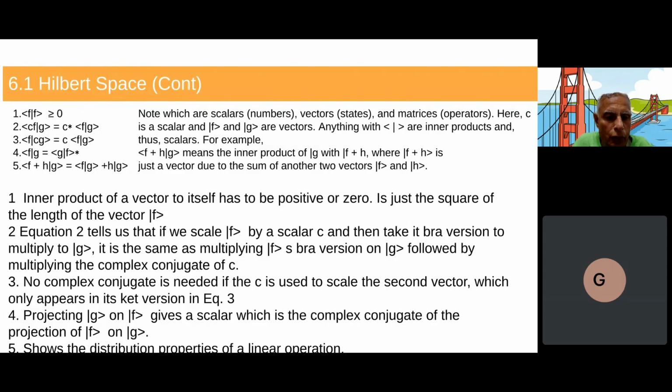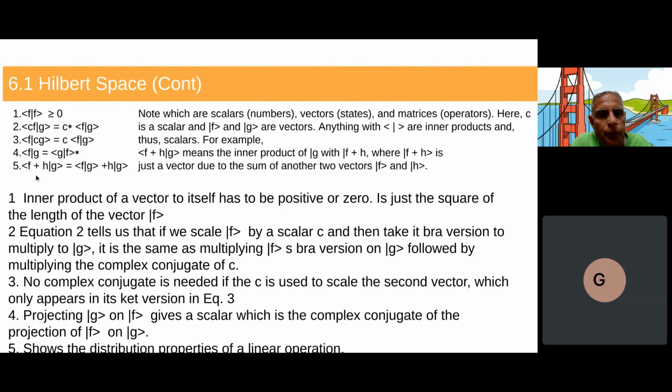Most of the vectors which we choose, unitary ones, will satisfy that. So the last one is nothing but the distributive law: A plus B into C is AC plus BC, something we do in normal algebra, and that will apply here.